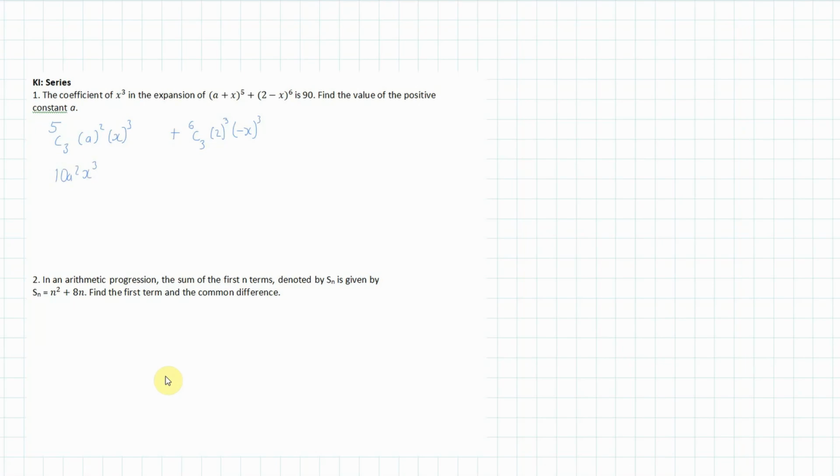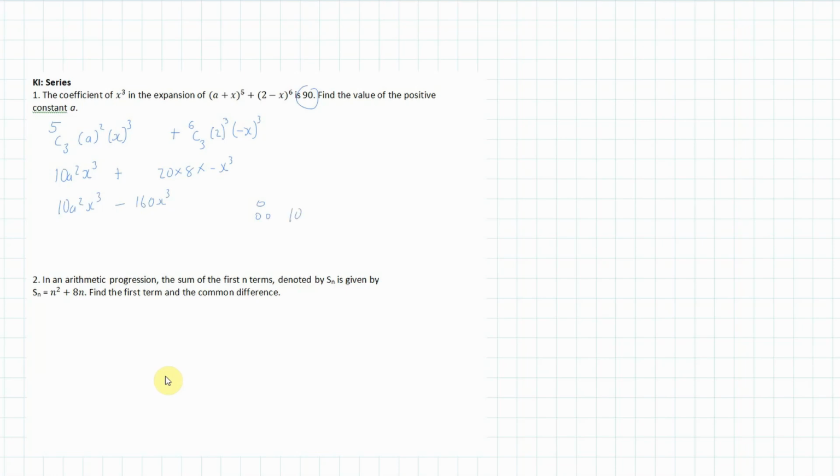And then plus, now 6 choose 3 is 20. So we're going to go 20 times 8 times negative x cubed. So we get 10a squared x cubed minus 160x cubed. And we know that the coefficient is 90.